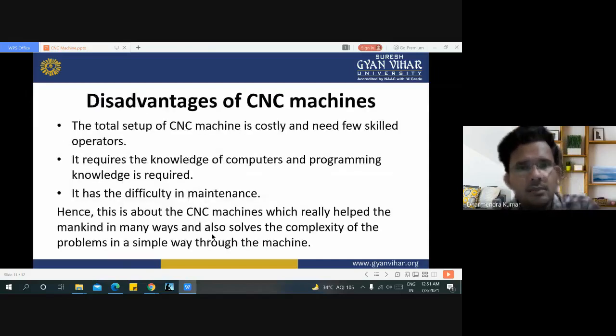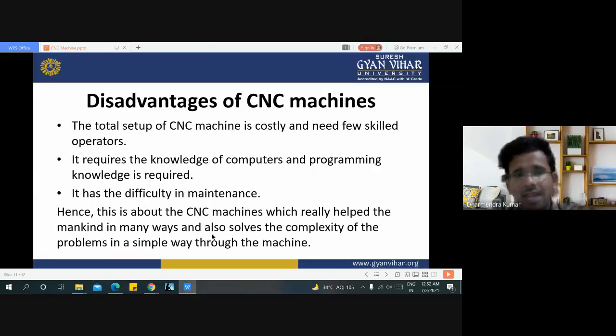Here are some disadvantages of CNC machine. The total setup of the CNC machine is costly and needs a few skilled operators. The overall initial cost of the CNC machine is very high, because all processes on CNC are automated, and for running these processes or for making a program on CNC, we require a skilled person.